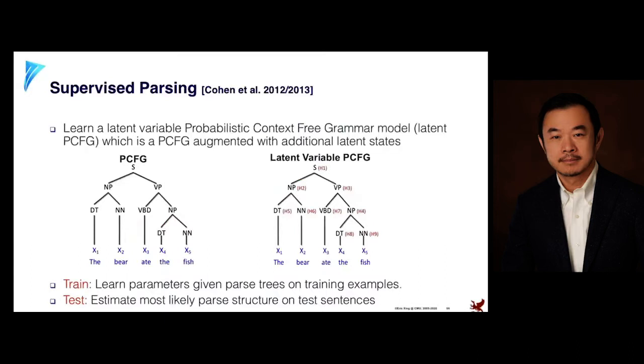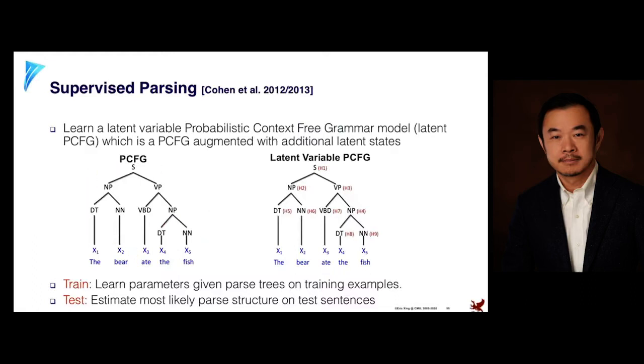And there are some empirical comparisons done by Shea Cohen on supervised parsing versus unsupervised parsing. In fact, the comparison was done by Anker. The reference point, the supervised parsing, was by Shea Cohen, which is based on a probabilistic context-free grammar.